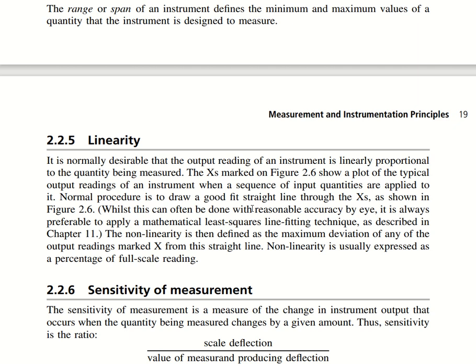The non-linearity is then defined as the maximum deviation of any of the output readings marked X from this straight line, and it is usually expressed as a percentage of full scale reading as well.